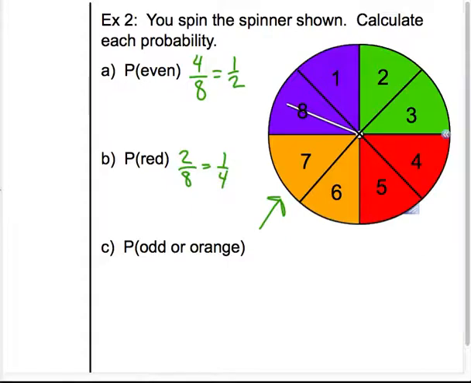We've got section 1 is odd. So there's 1, 2, the marker's not showing up here, 2, 3, 4, 5 sections that are odd or orange. So we could just say 5 out of 8 to make sure we don't double count that 7.